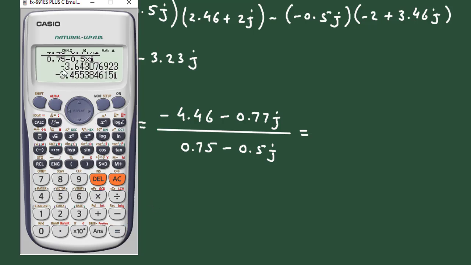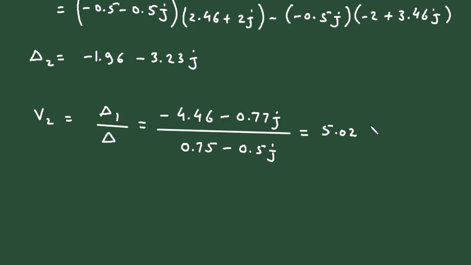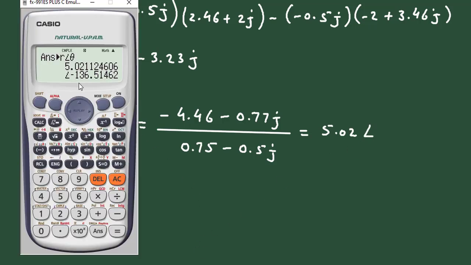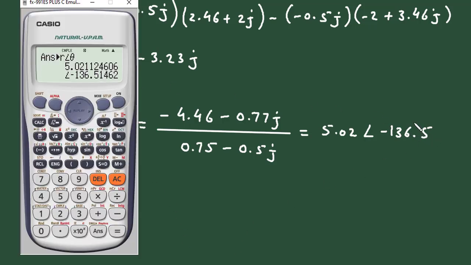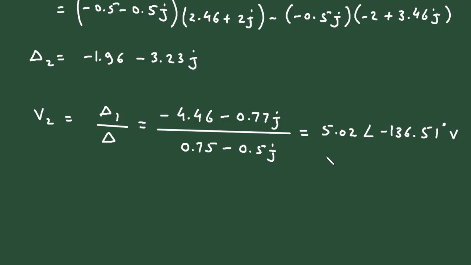This value we can convert into polar form, shift 2 3. So it is 5.02 at an angle minus 136.51 degree volt. So this is the value of V2.